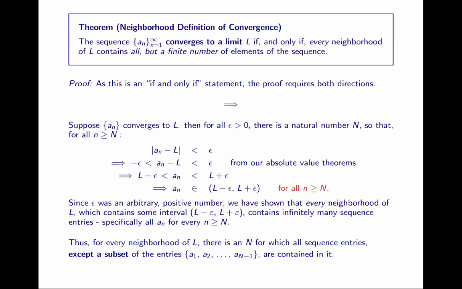Maybe 1, maybe 2, maybe all of them, maybe none of them are contained in it. But so long as I have a set of size less than or equal to N − 1, even if that set is size 0, that's a finite set. And those are the only entries in my sequence that are not possibly inside the neighborhood. So we've shown the forward direction.